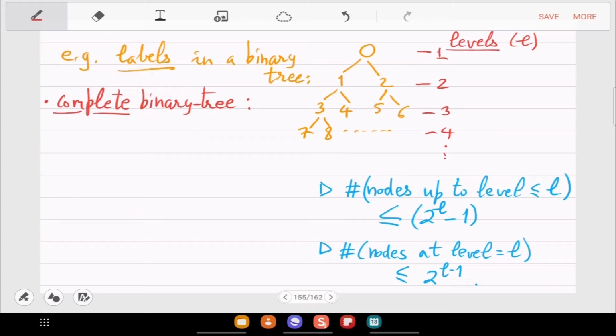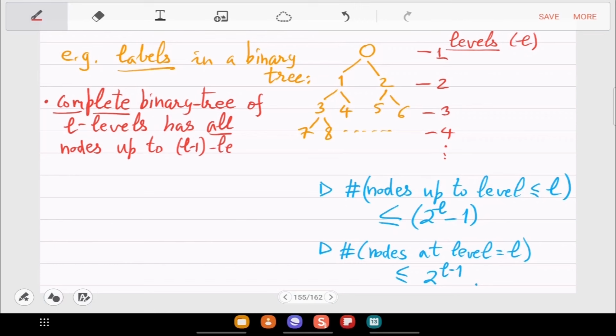So complete binary tree of L levels has all the nodes up to L minus 1 levels.